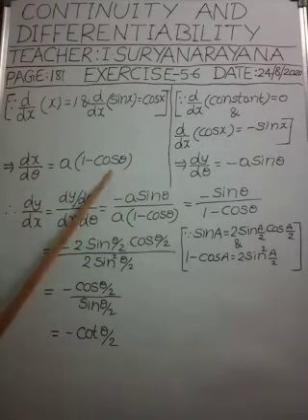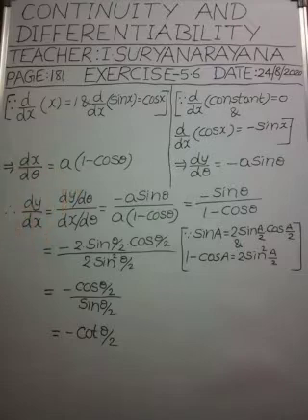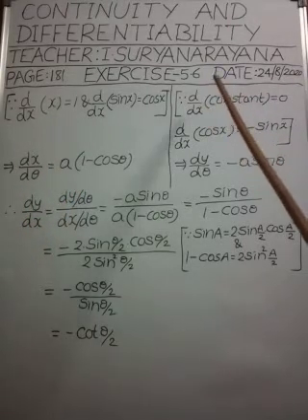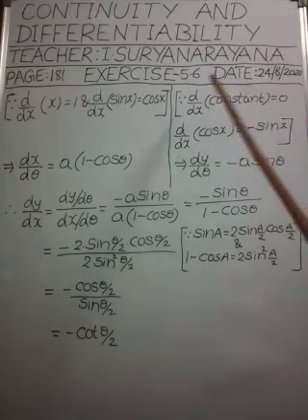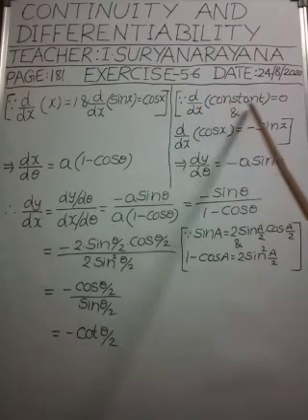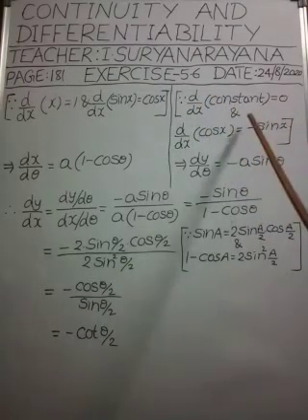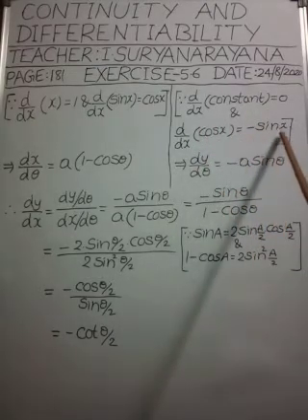This is the value of dx by d theta. Understood this part, my children? Right. Now come to this side. Here also I am writing the formulae which were used in this step. What are the formulas we used here? D by dx of constant is equal to 0 and d by dx of cos x is equal to minus sin x.